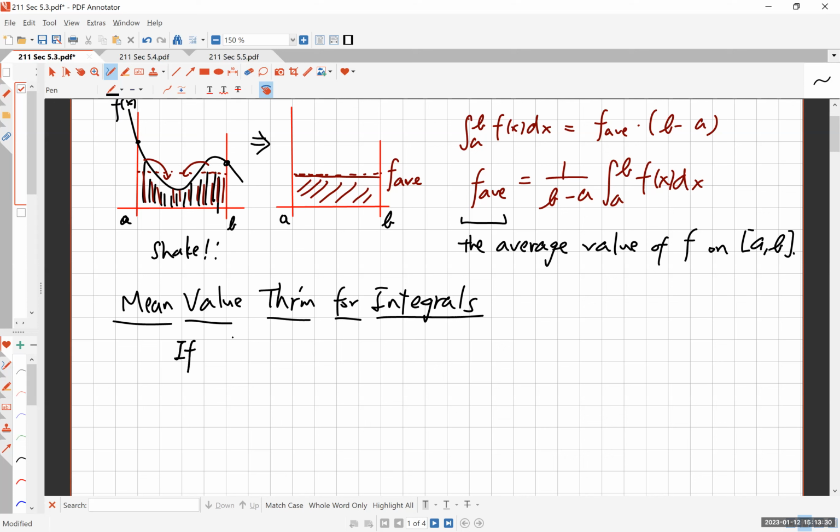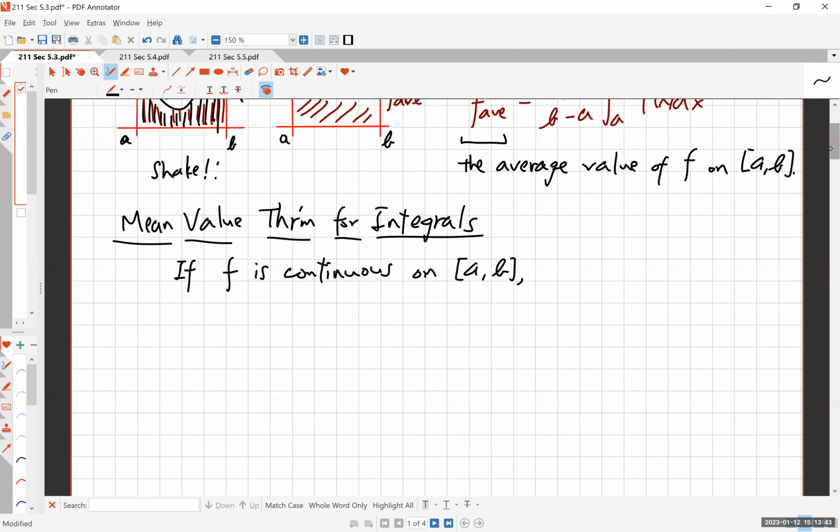It says the following: if f is continuous, as usual. Now remember, for the integral to exist, the function doesn't have to be continuous, as we mentioned before. But if f is continuous, then there is at least one point.